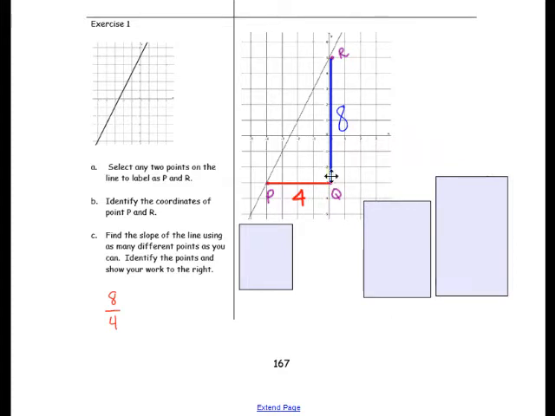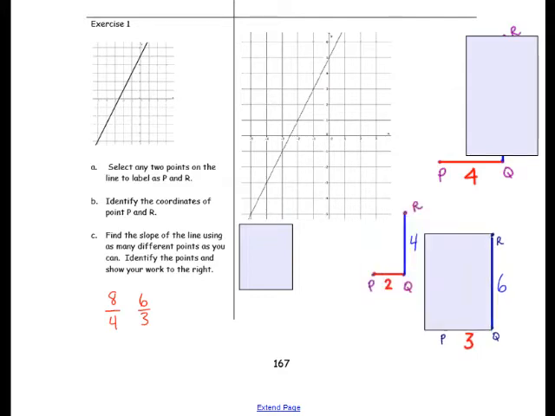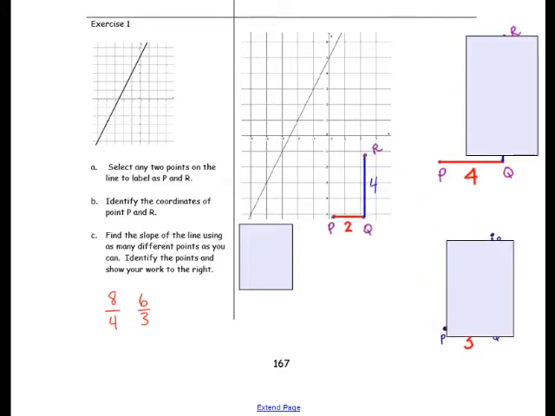Here is another example. Perhaps you put your points here, P, Q, and R, and then your slope is 6/3. If that was not your answer, perhaps you used this one, P, Q, and R, and this gives you a slope of 4/2.